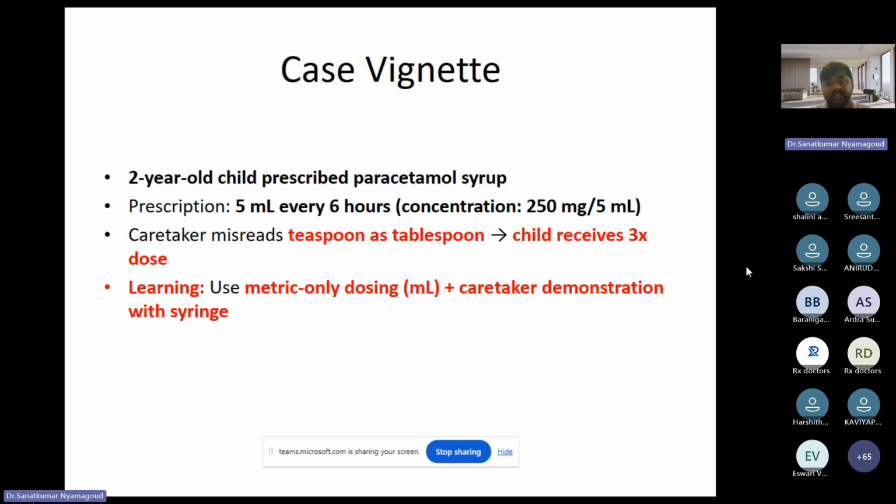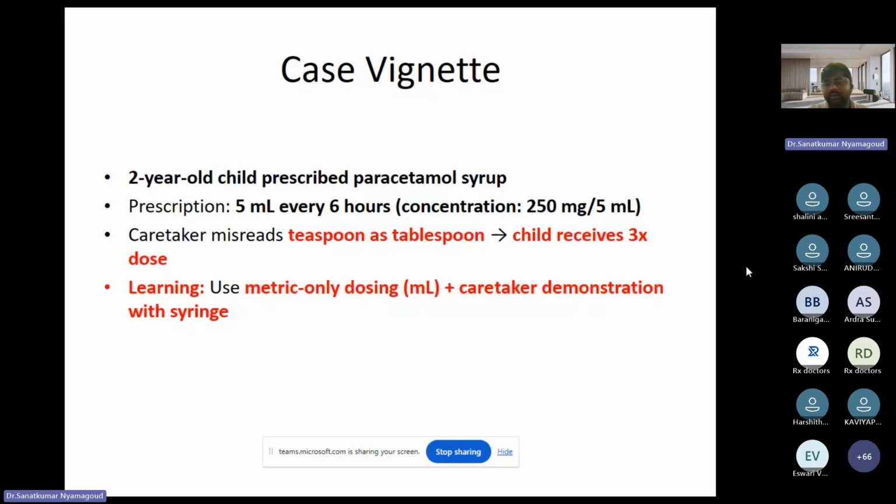Understand this very simple example. It was a real case where a 2-year-old child was prescribed a simple paracetamol syrup for a fever. The prescription was written very thoroughly by the pediatric consultant, in very good handwriting, suggesting 5 ml every 6 hours.